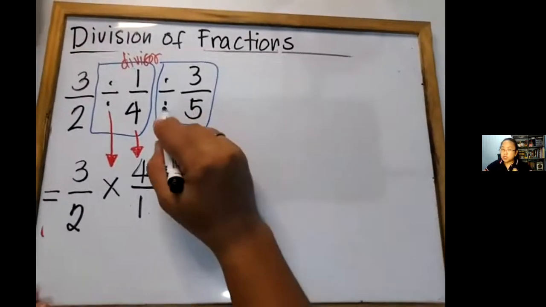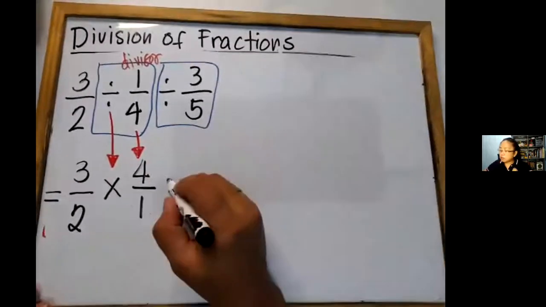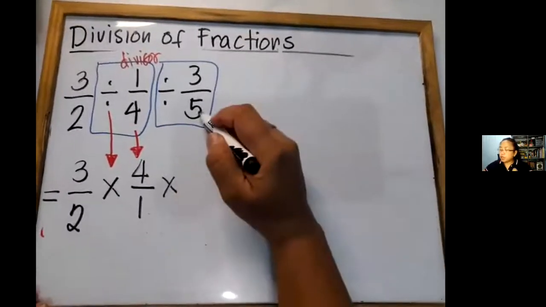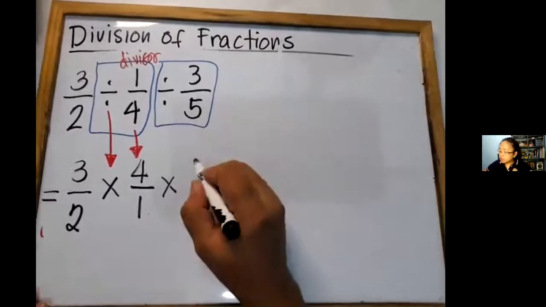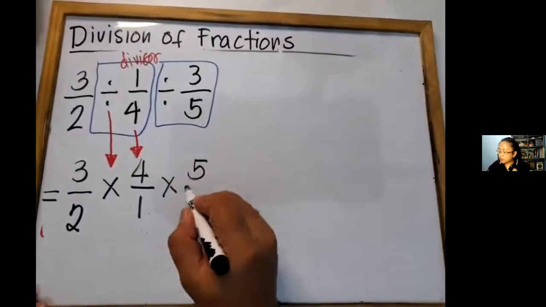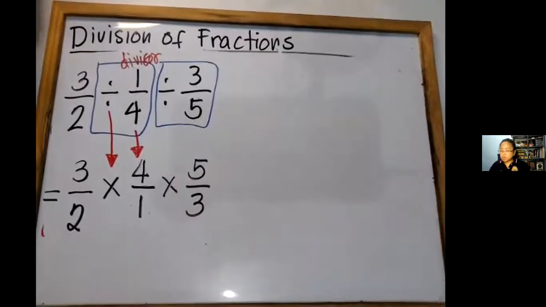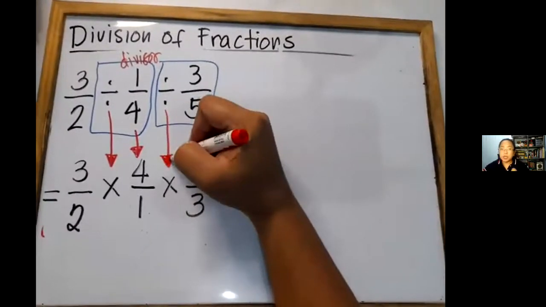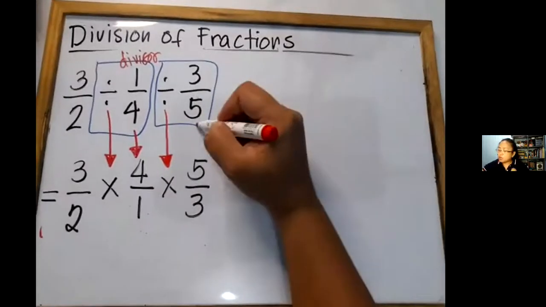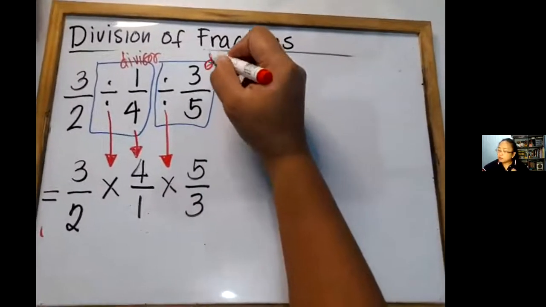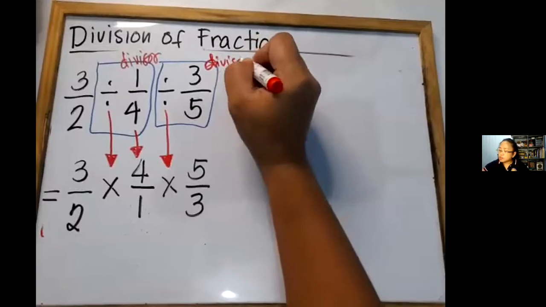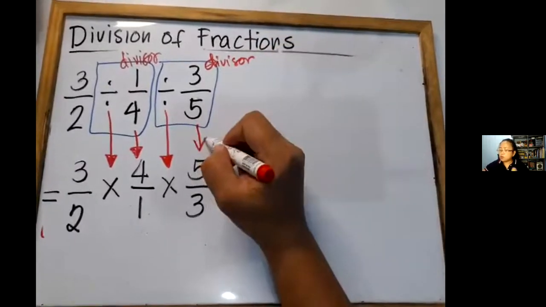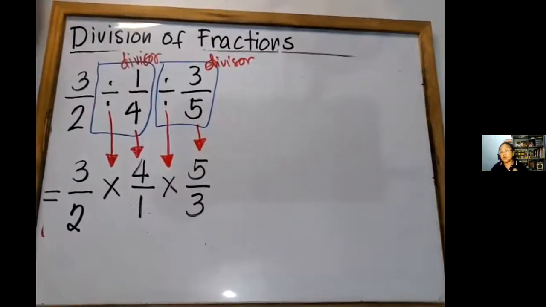Yung division symbol, make it multiplication. And then, 3/5 becomes 5 over 3. Okay? So, again, yung division symbol, ginawa nating multiplication symbol. Tapos, yung divisor na 3/5, kinuha natin yung reciprocal, which is 5 over 3.